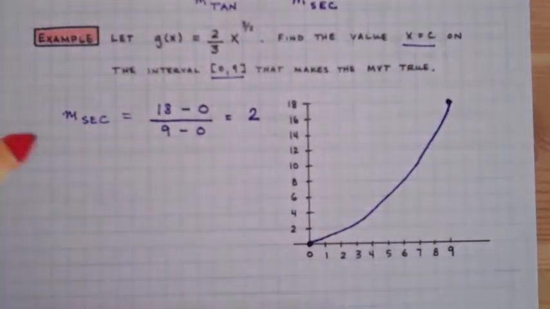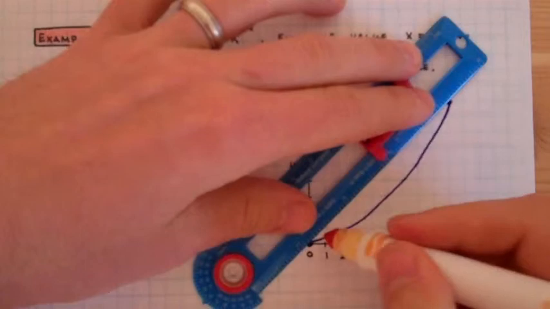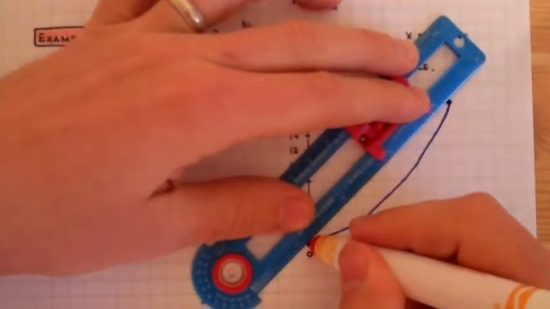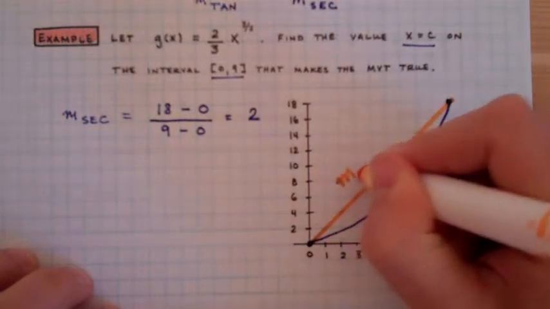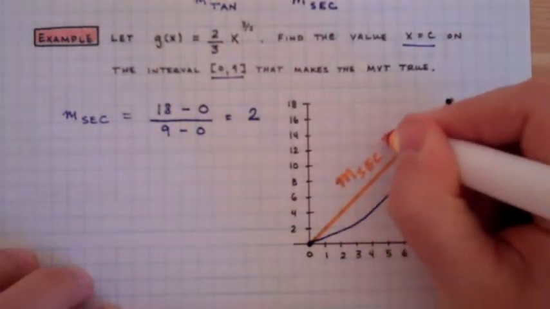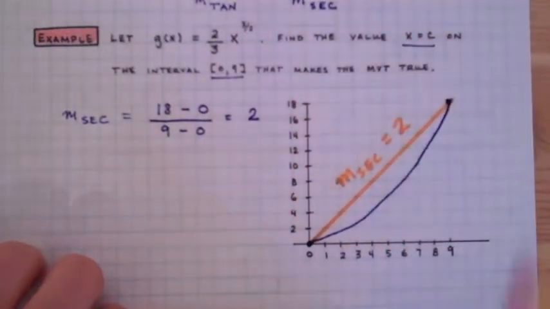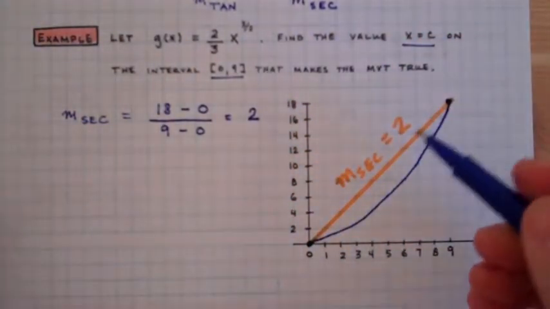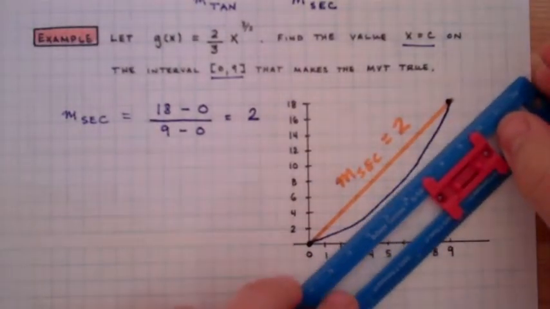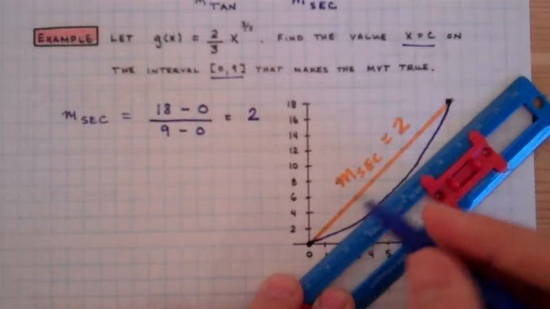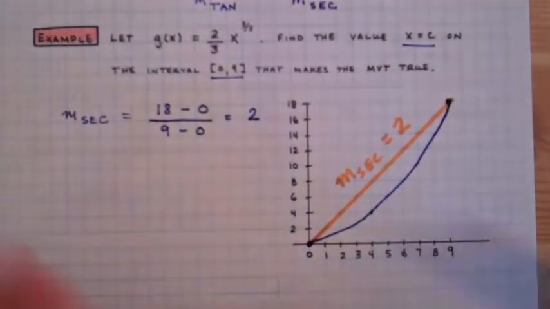And you can pretty easily count that off simply by looking at this secant right here. Please note that the scale of the y-axis goes by 2s. Alright, so we want to find the tangent that has that same slope. Looks like it's going to be somewhere around here. I'm thinking about 4.